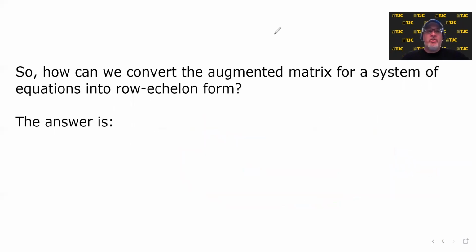So going back to the original question, how can we convert the augmented matrix for a system of equations into row echelon form? The answer is using something called row operations. So in the next video, we'll talk about moves that we can do to an augmented matrix or a matrix in general that will transform it into a new matrix without altering the solution to the system that it represents.